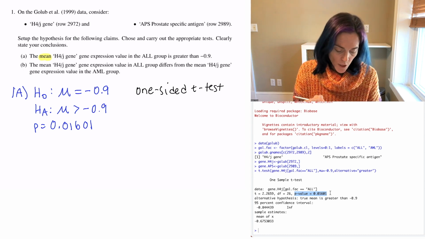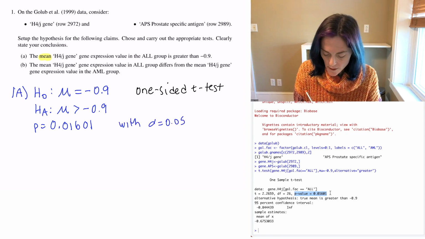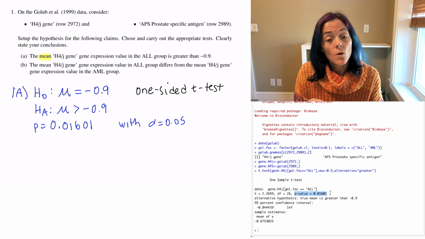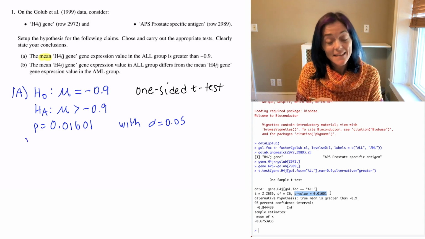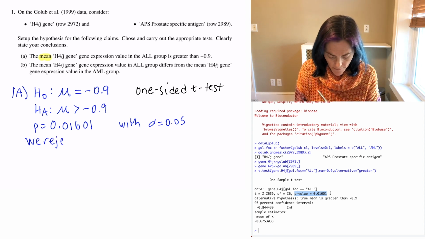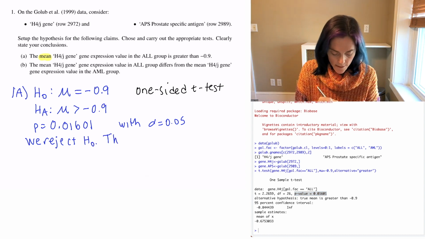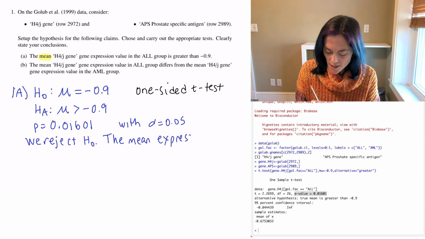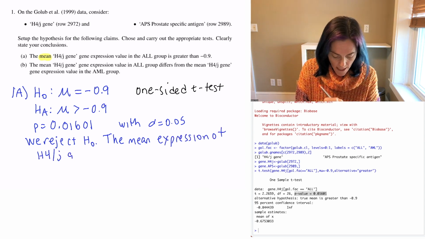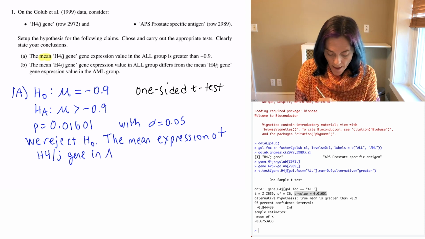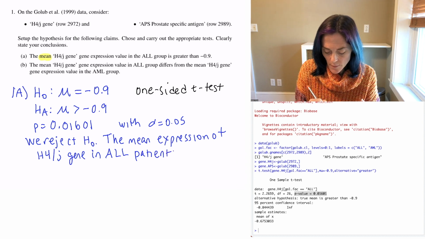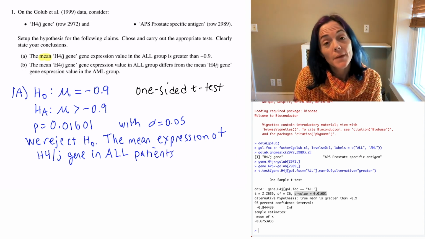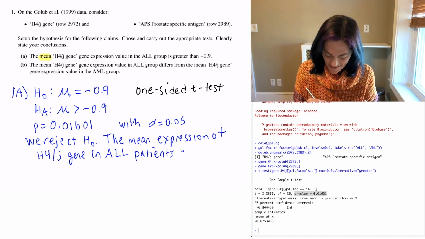Now, let's say we're using alpha equals 0.05. Well, this p-value is smaller than that, and so we reject H0, and our conclusion is the mean expression of the H4J gene in the ALL patients appears to be bigger than -0.9.